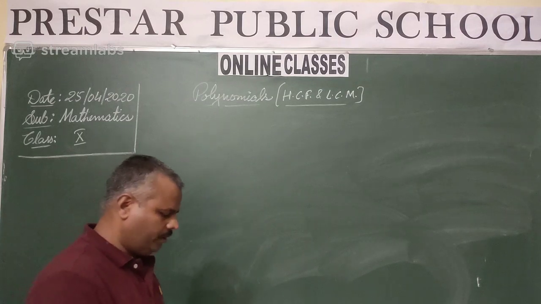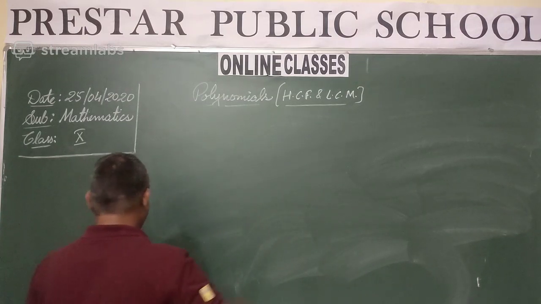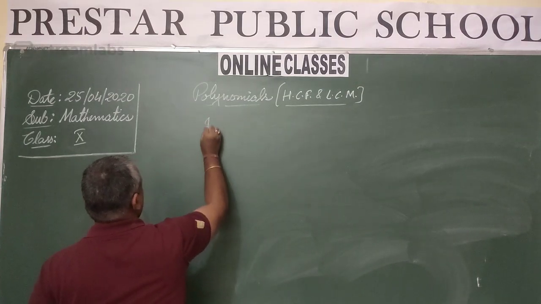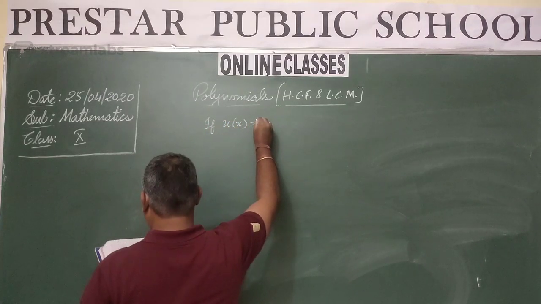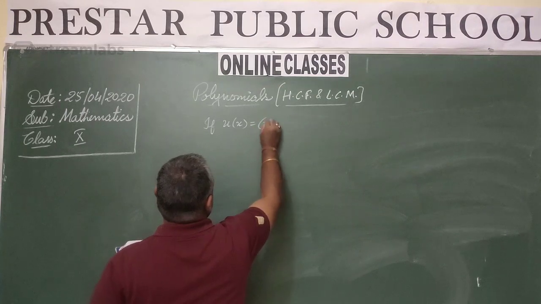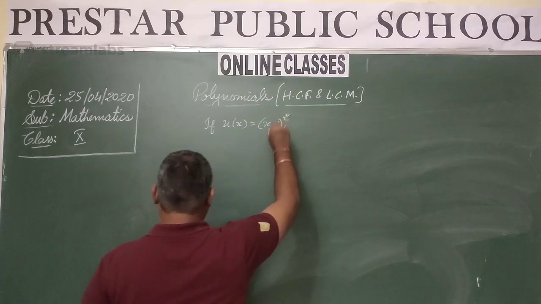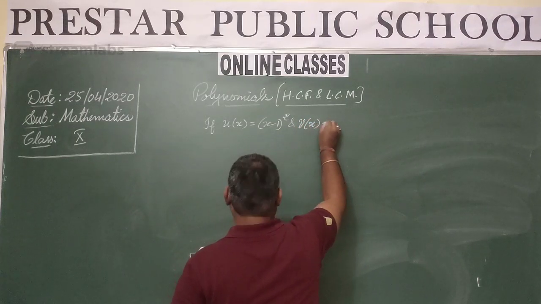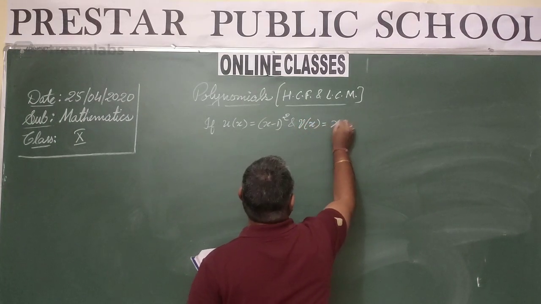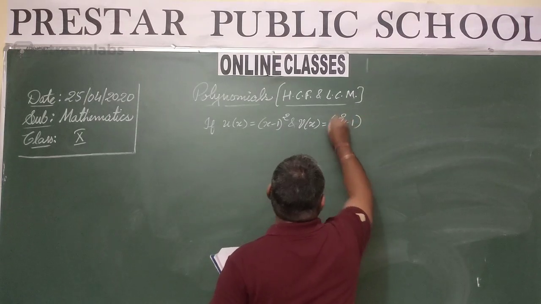Let us have one more question which says: if u of x, a polynomial, is x minus 1 whole squared, and a second polynomial is v of x, which is equal to x squared minus 1.